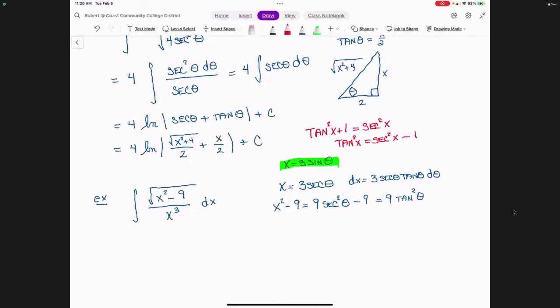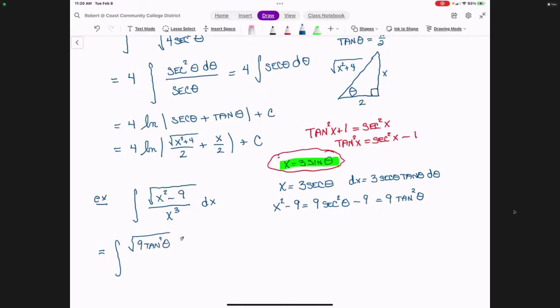For example, this was our first little attempt here. That was not a waste of time because we learned that wasn't the best approach. This approach was more direct, and it's giving us x squared minus 9, which is 9 tan squared of theta.